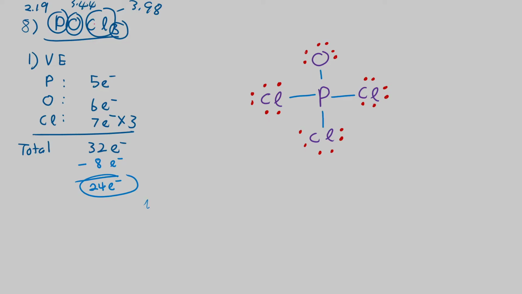You dah guna 24 and the central atom also dah complete octet. Tapi the question asks, draw all of the possible Lewis structures. Maksudnya ada more than one Lewis structure that is possible. So kalau you guys tengok, what other possible Lewis structure yang dia boleh buat?